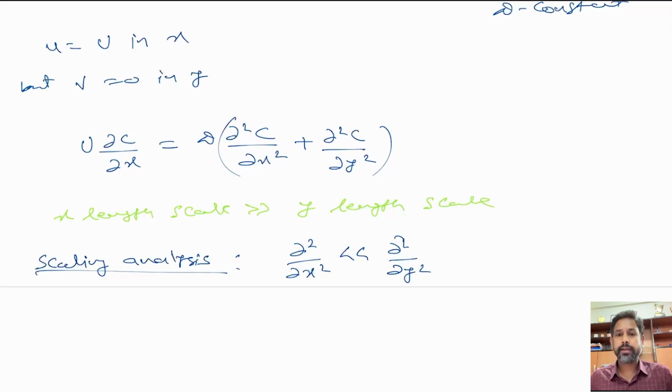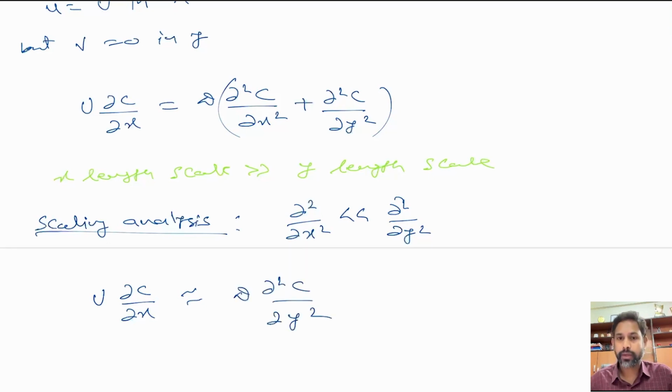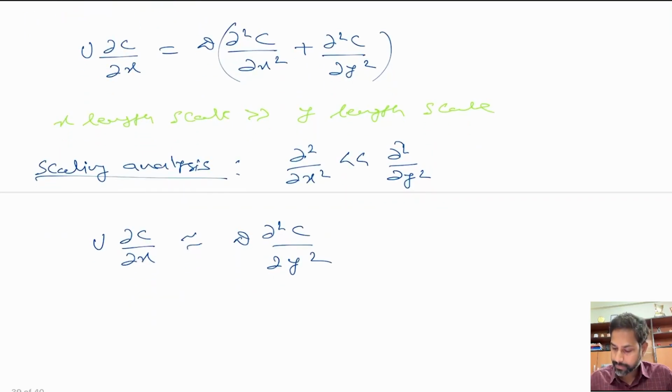Because y value is much smaller than x value, and that is why this equation can further be written as dc by dx almost equivalent to d square c by dy square. Okay, so this is the advection dispersion equation we want to solve.